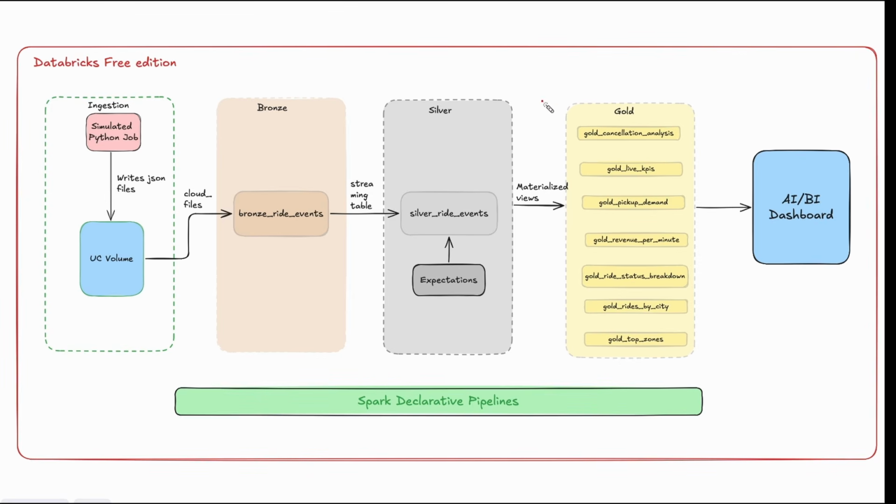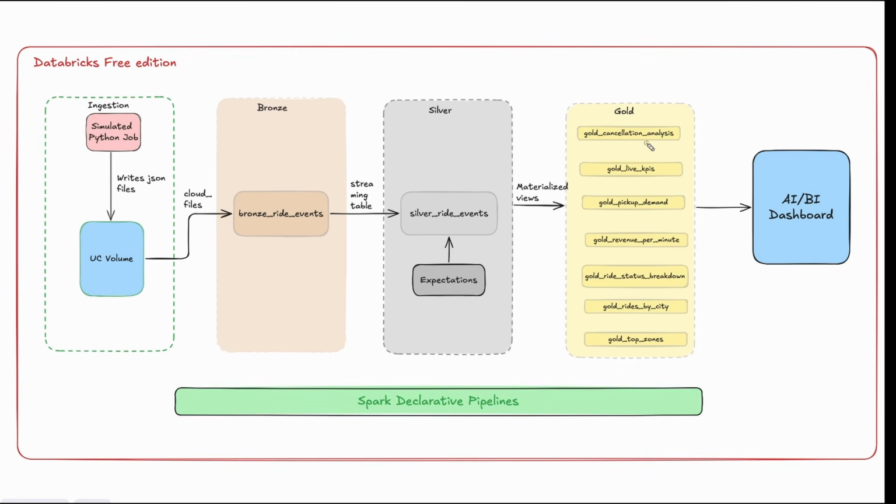Then at the end, on the gold layer, for reporting purposes, we'll be creating a lot of materialized views. I'll talk about this in detail: what the benefit of materialized views is, and all that. We'll be creating views like gold cancellation analysis, gold live KPIs, and gold pickup demand.